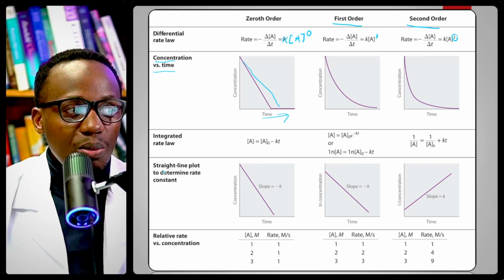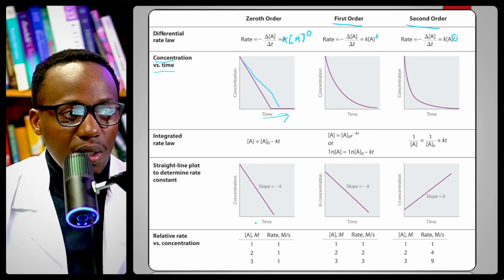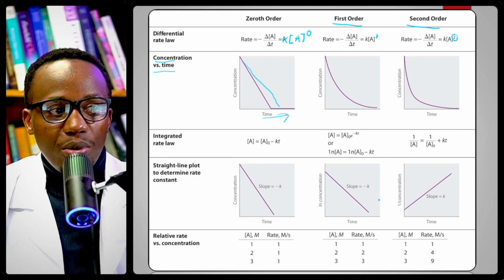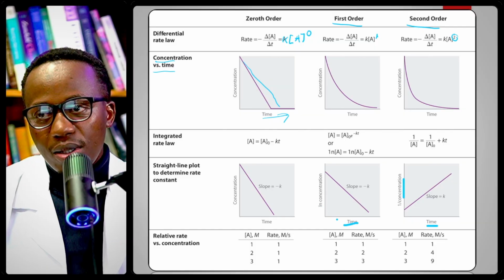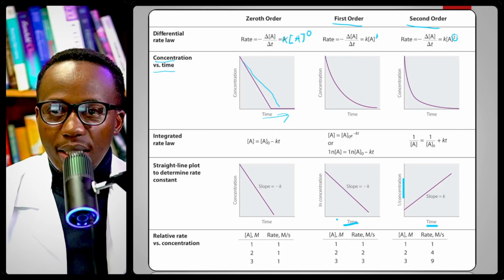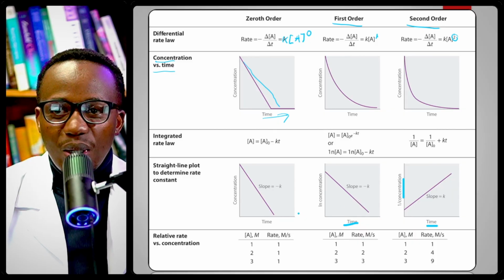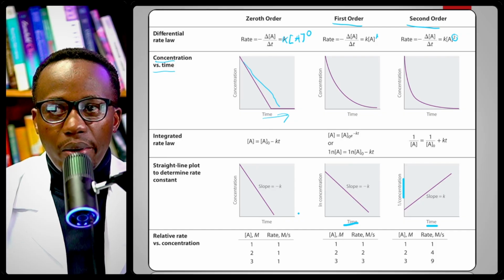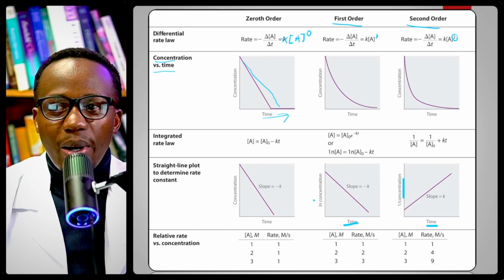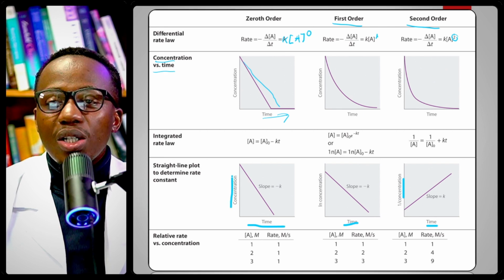We're also going to plot 1 over concentration versus time, and then ln of concentration versus time, because by doing this you can tell which order our reaction is in just by making a graph of time versus concentration.